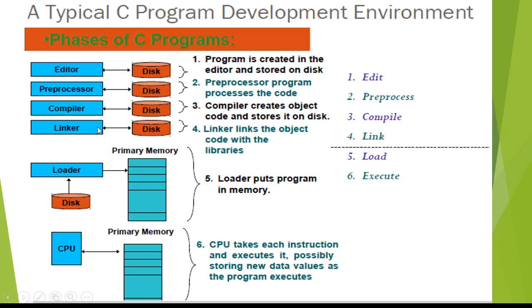Once you are done with all four stages, there is another program that comes into the picture, your loader. It loads the program from your drive into the primary memory, because to execute a program, it first has to be loaded from your secondary device into your primary memory.